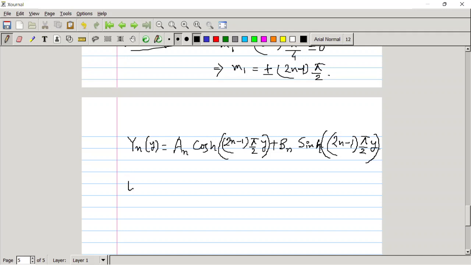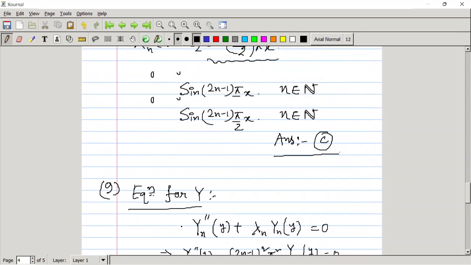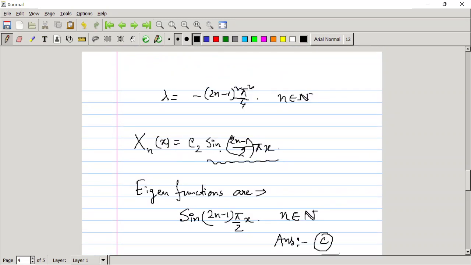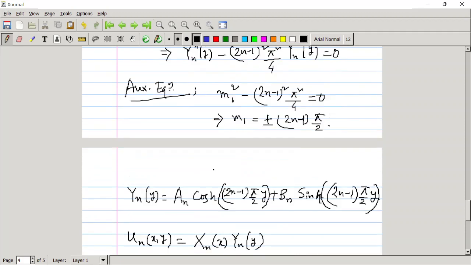So what should be my u_n? Since everything depends on small n, that's why I put u_n. u_n(x, y) is the same as X_n(x) into Y_n(y). What I got as X_n is some constant C_n into sine (2n minus 1) pi by 2 into x.